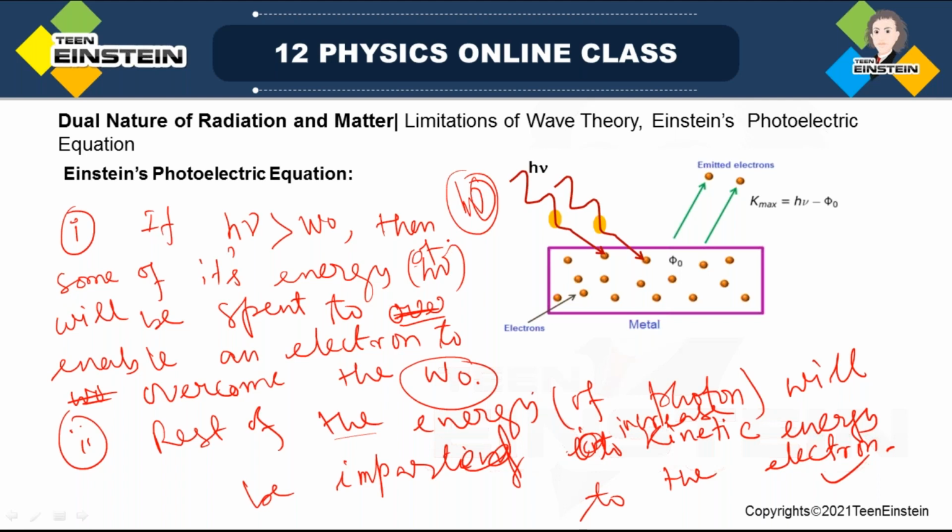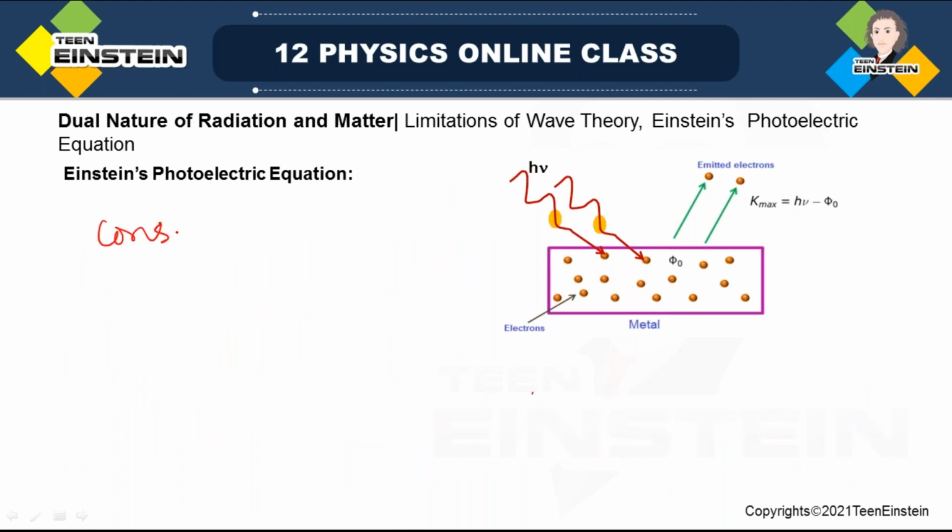Okay, I'll write it in terms of mathematics. See here, it is already written. According to conservation of energy, what we know is that initial and final energy has to be the same.